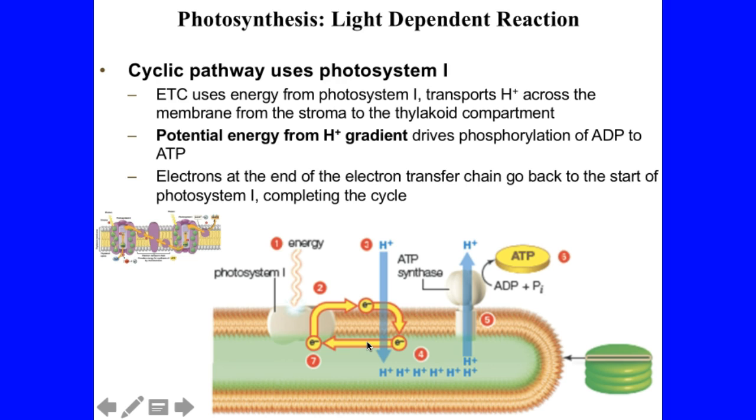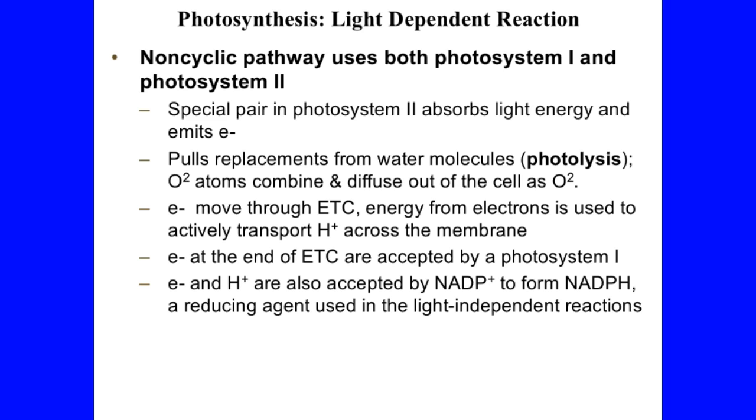So what would make more ATP or be more productive for a plant rather than just using this one photosystem? Well, naturally, using both photosystems that are available. So the non-cyclic pathway uses both photosystem 2 and photosystem 1. This is going to be a much more advantageous way for the plants to absorb as much energy as they can from the two different wavelengths, P680 and P700.